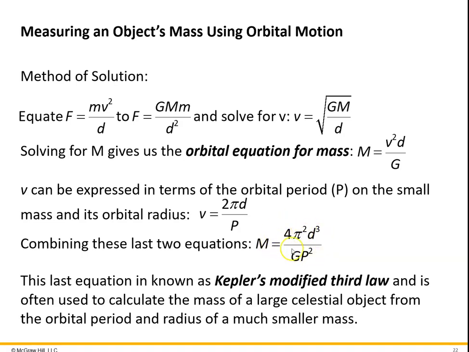And so you can do this for the sun. You could do this for the mass of the Earth as the moon goes all the way around the Earth. And in fact, Isaac Newton did that. And these discoveries of the mass of the moon and the mass of the sun.